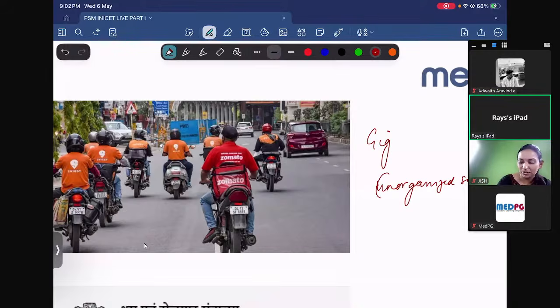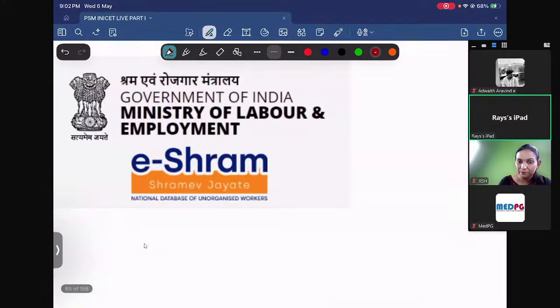So for that, there is the e-Shram portal by the Government of India, Ministry of Labour and Employment. This is a nationwide database for gig workers or unorganized workers.